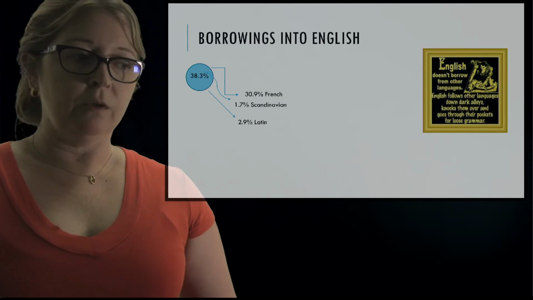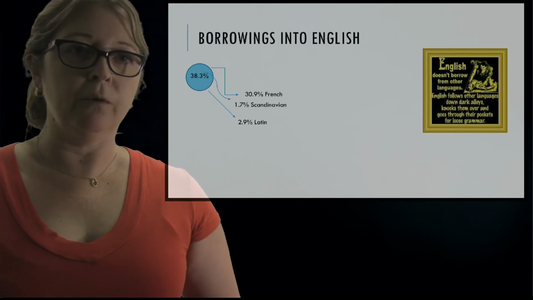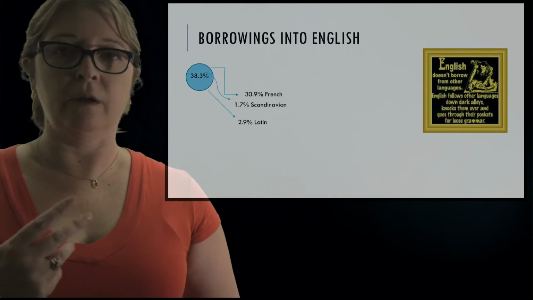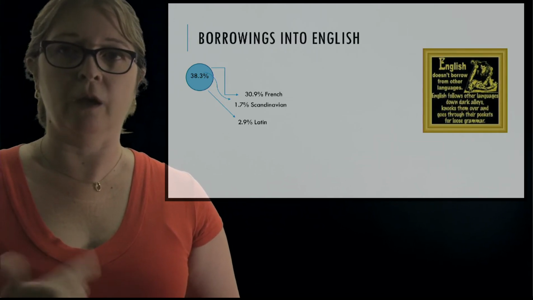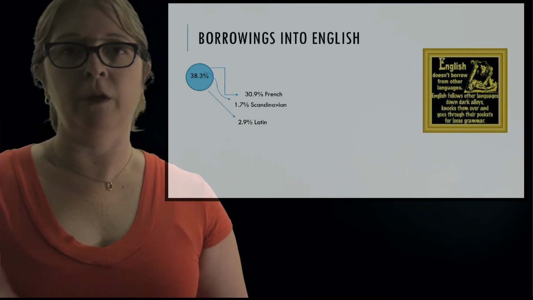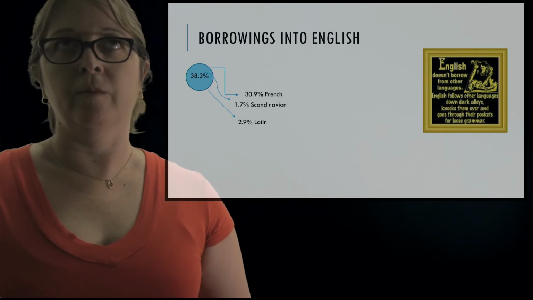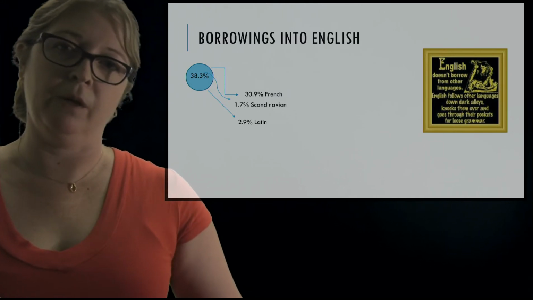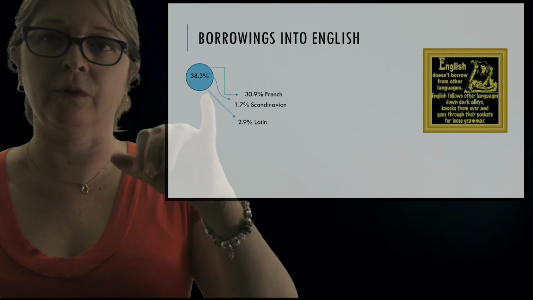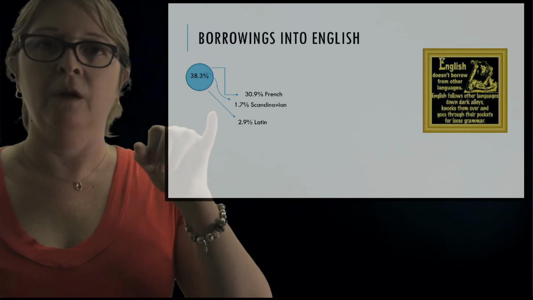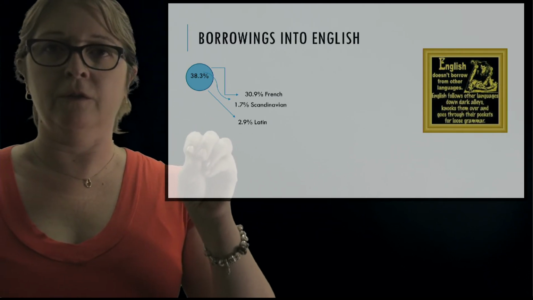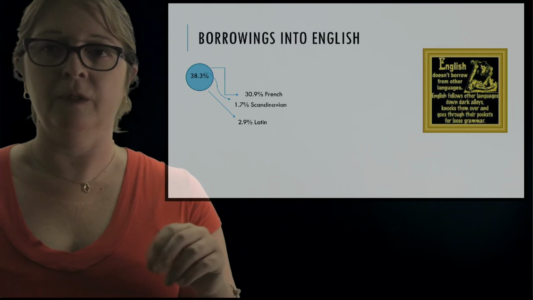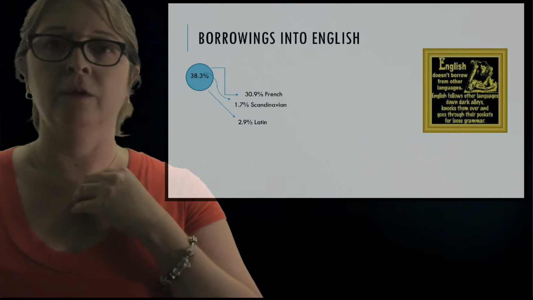We're going to move on to borrowings into English so that you guys can see how much English has gotten from other languages. And the history is all explained, but I think that this is really important, that 38.3% of words in English come from other sources instead of the Germanic.